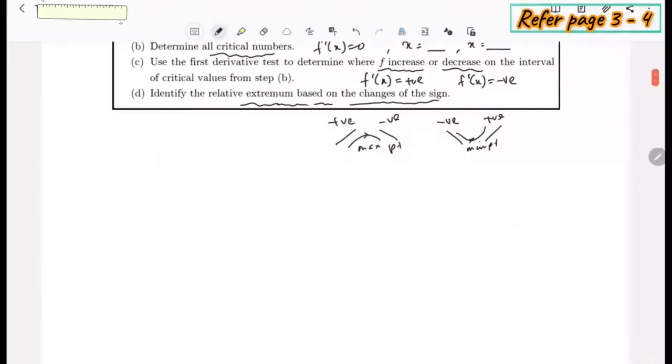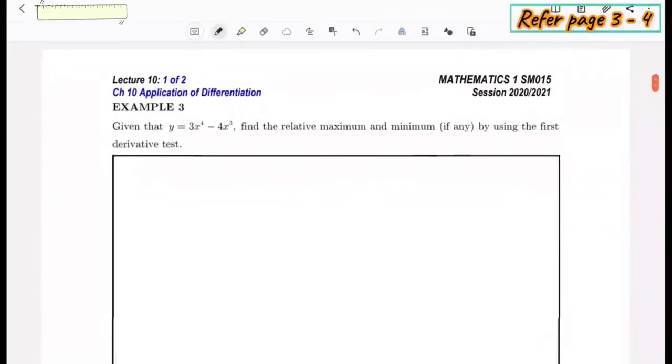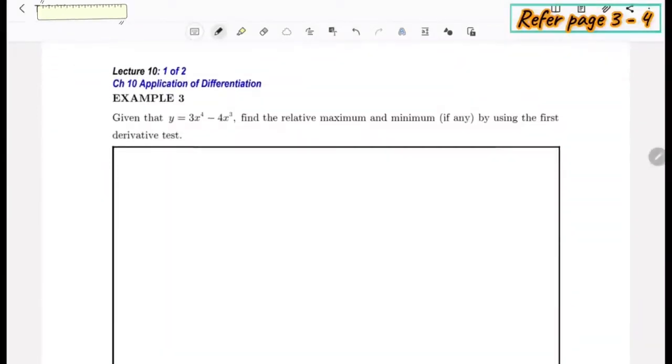Right, let's continue with the first example. y equals 3x to the power 4 minus 4x cubed. So find your dy/dx. So 12x cubed minus 12x squared.